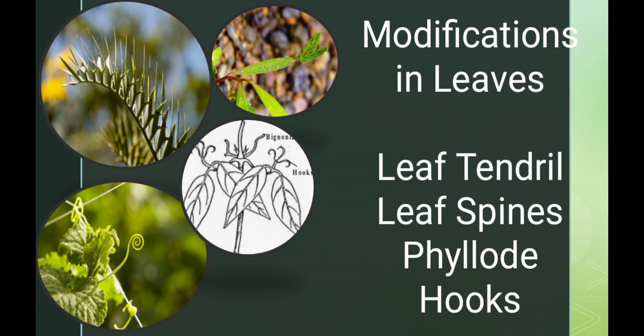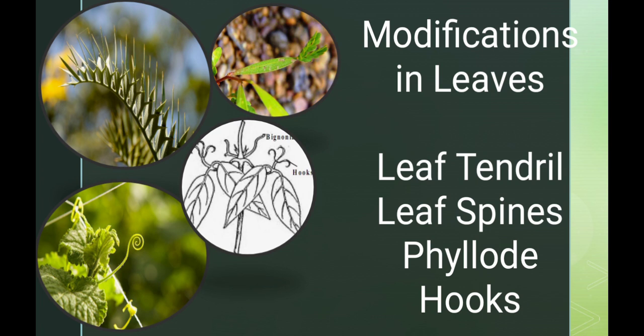In some weak-stemmed plants, either the whole leaf or the leaflet may be modified into wiry coiled structures called tendrils. As they touch an object, they coil around it and support the plant to climb up. Example: sweet pea, gloriosa, smilax.